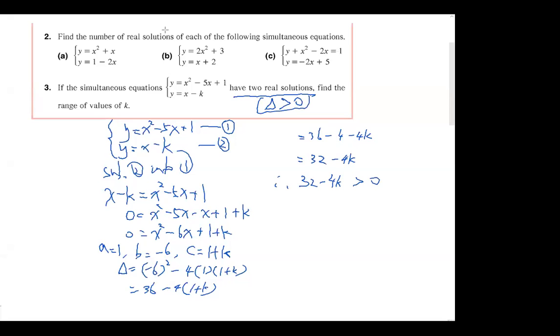And then we just solve this inequality. Moving the 4k to the positive side, and then dividing by 4, it should be 8 is larger than k, which means that when we write k on the left-hand side, k should be less than 8. So that is the range of values of k, and that will be the answer to this question.